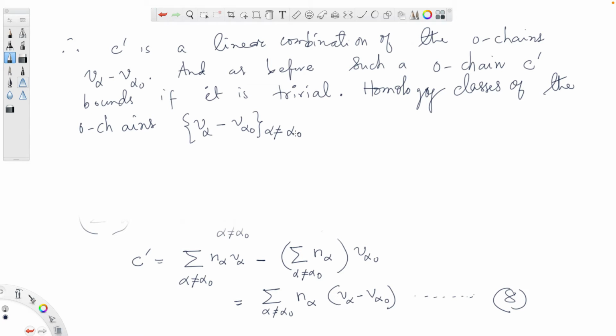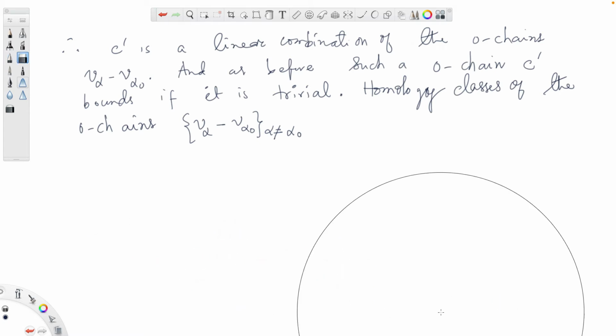so let me erase this bottom part. Okay, so I want to mention something here. When I'm saying homology classes of the zero chains, I mean two chains, sorry, excuse me, two zero chains. So it's the homology classes that we are concerned with, which means that we are dealing with equivalence classes.